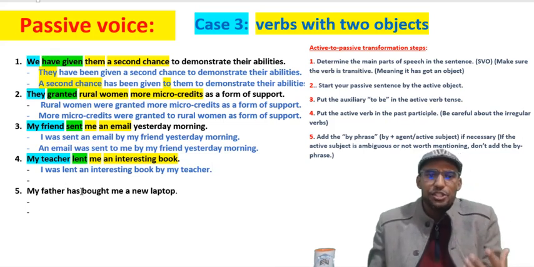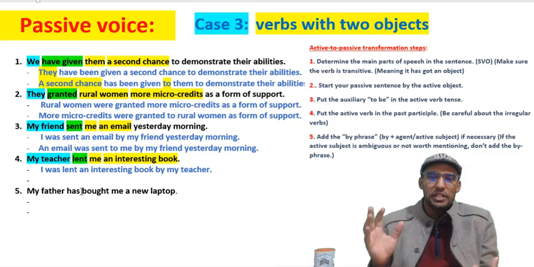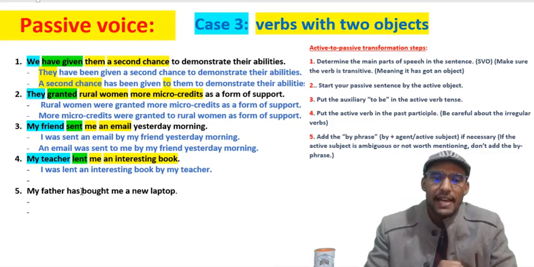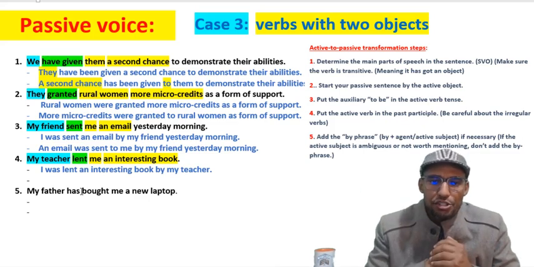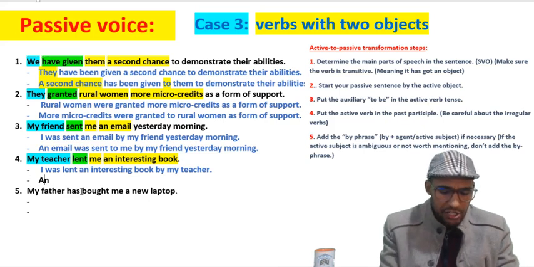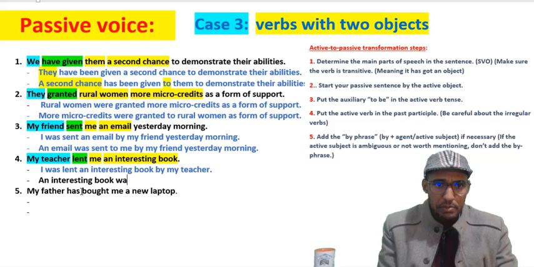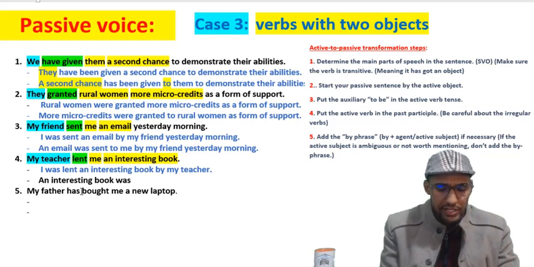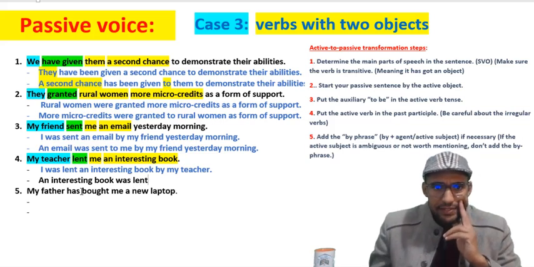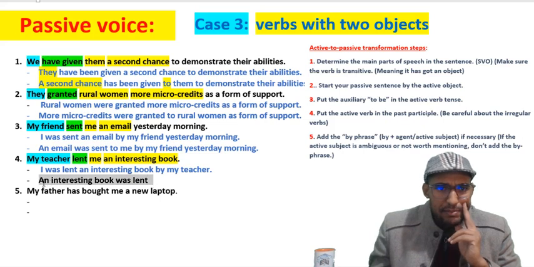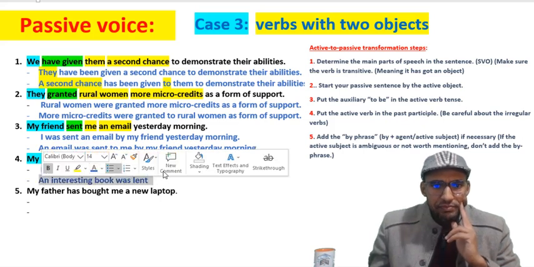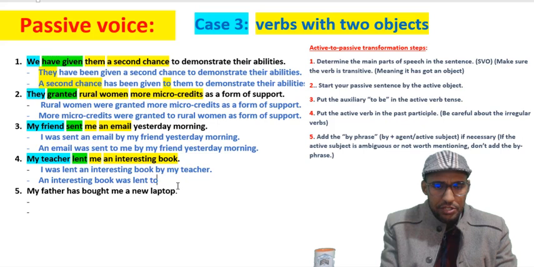But if we start with the direct object, an interesting book here, we should think of adding the preposition to, right? So we say an interesting book, great. The verb to be in the past as usual was, and then here lent, the past participle of the main verb: was lent, and here we need to add to, right?